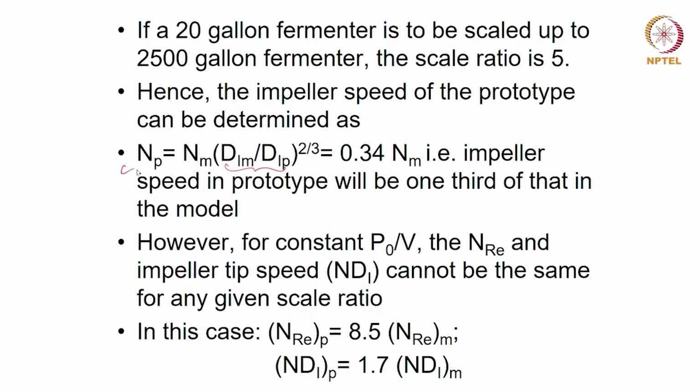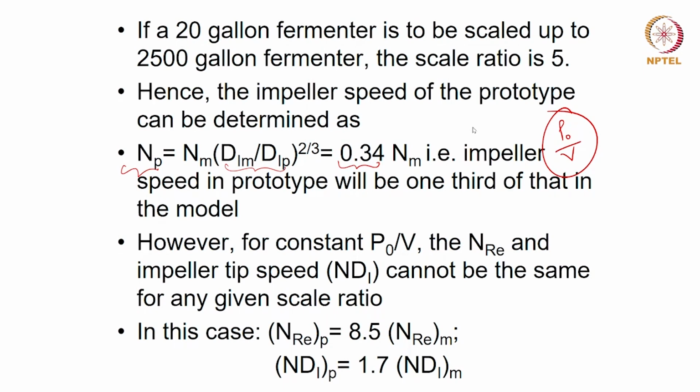So therefore, your impeller speed at the prototype will become 0.34 times of the impeller speed at the model type to keep your power per unit volume constant at the two levels. So if you notice, the impeller speed in the prototype will be 1/3 of that in the model.